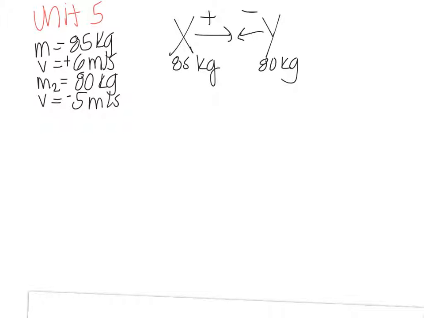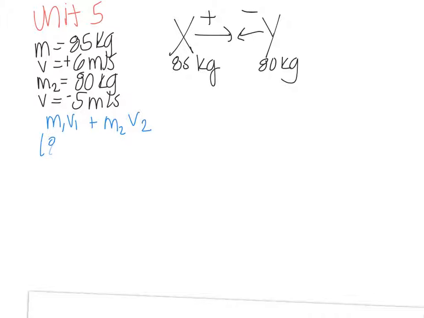So all I have to do is solve for one half of the equation, which in a bouncing collision would be m1v1 plus m2v2. Whatever this is equal to is also equal to what happened before, because momentum is conserved.